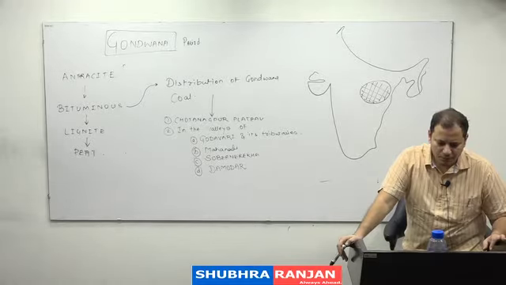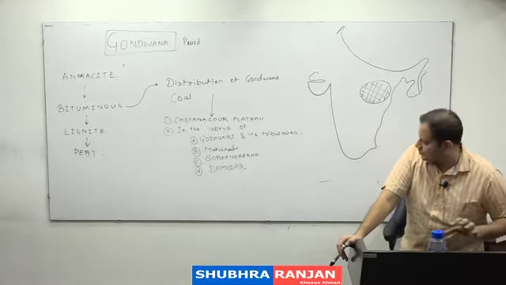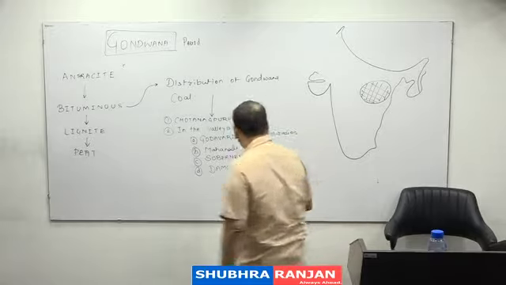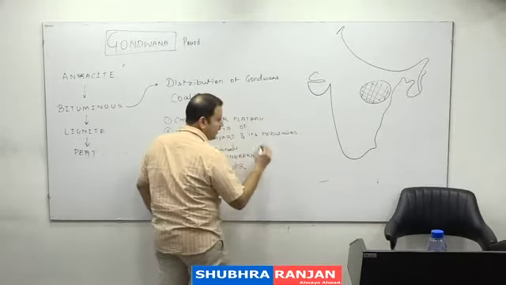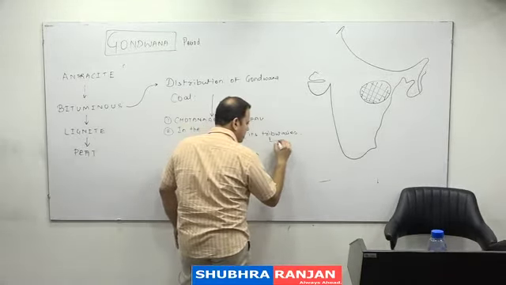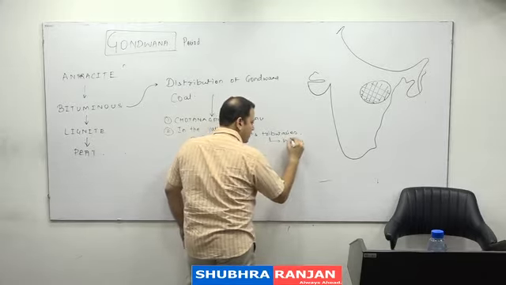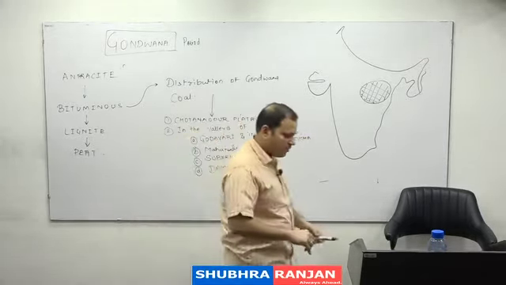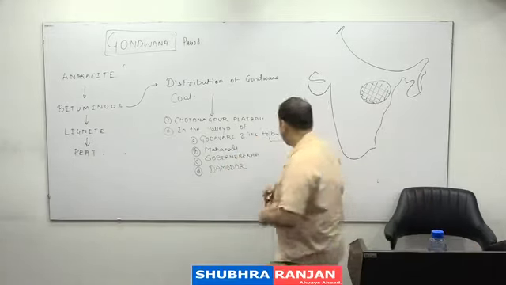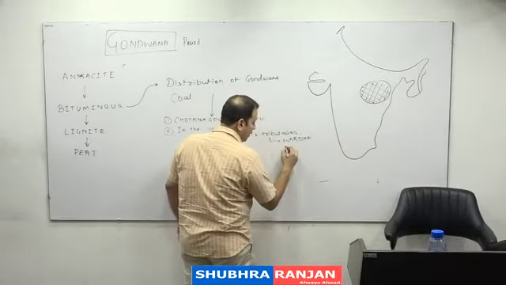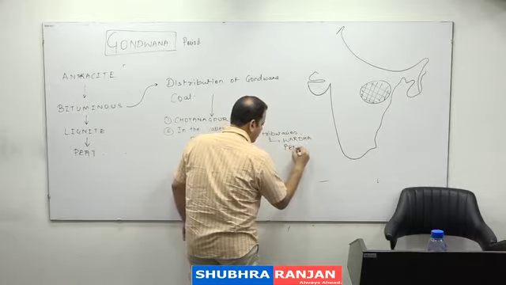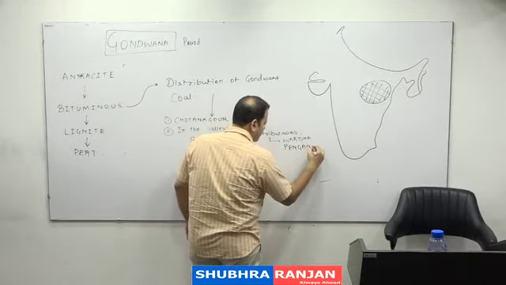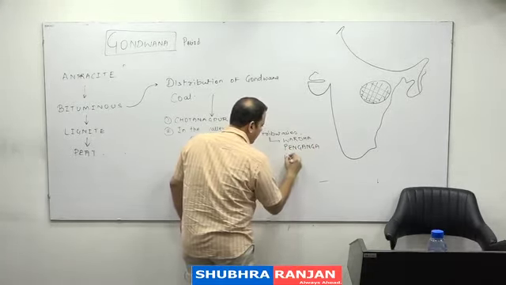Which are the tributaries of Godavari here? If you want to remember, just remember it is Wardha, because we have a famous coal field in the river Wardha. After that we have Penganga and Wainganga.